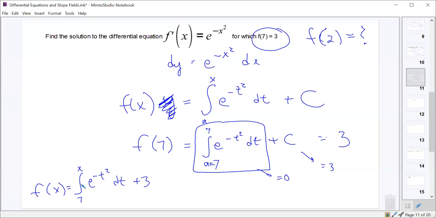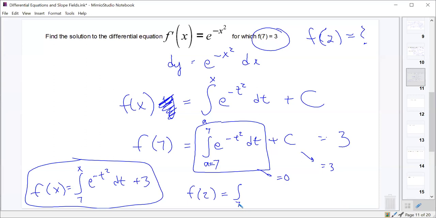Yeah. All right, so what's f of 2? This is our integral. This is our solution. And what's f of 2? F of 2 ought to be the integral from 7 to 2 of e to the negative t squared dt plus 3. So you'll use your calculator, and you won't do t, you'll just do x when you do it. Just type that into your calculator: integral 7 to 2 e to the negative x squared dx. Add 3 to it.